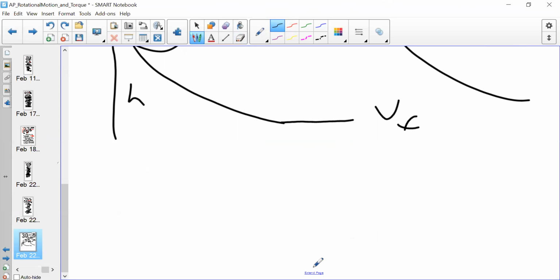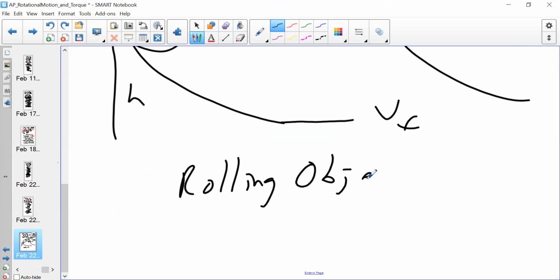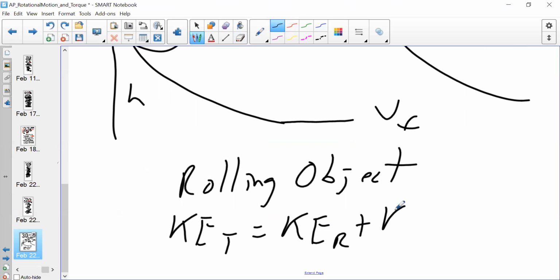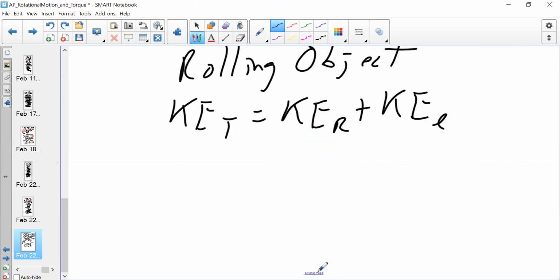So the total kinetic energy of a rolling object is given as rotational kinetic energy plus your linear. That's basically 1/2 the moment of inertia about the center of mass, because we typically take the basic moment of inertia about the center of mass.